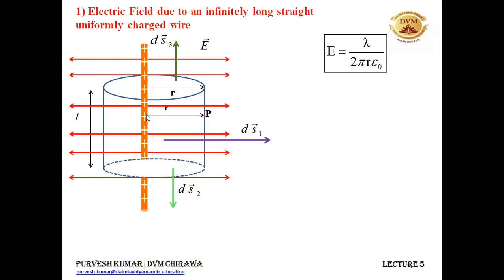As we move away from this wire, the value of the electric field intensity decreases because they are inversely proportional, and as you move closer to it, it will increase. All the other quantities are constant. Lambda is constant, 2 pi is constant, epsilon naught is also constant. So E is inversely proportional to R.